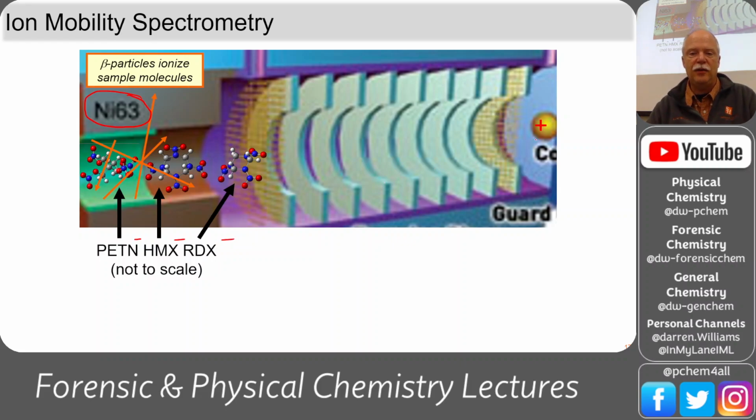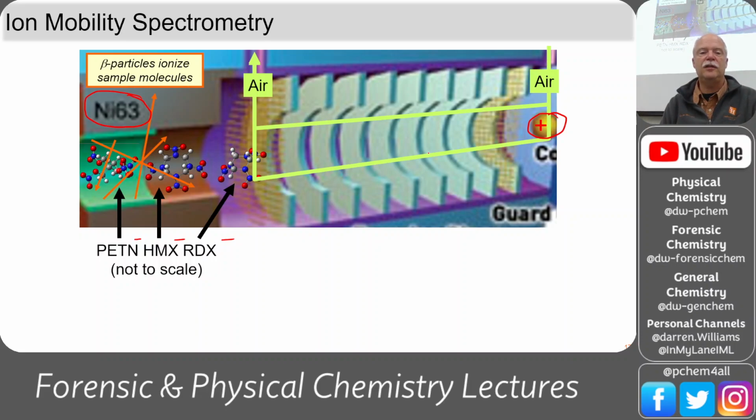And over at the other end of this tube is a positive detector. They call it a collector. So my negative molecules immediately see the positive end of the road down there and start heading that way. And they have to pass through this counterflow of air. There's a little filter there, so it's mostly nitrogen and oxygen. It's flowing in this direction.